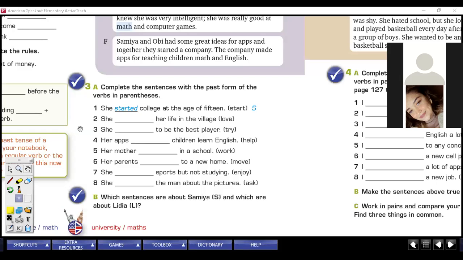And here it says, complete the sentences with the past form of the verb in parentheses. So this exercise is related to what we were doing yesterday, the reading of Samia and Lydia.